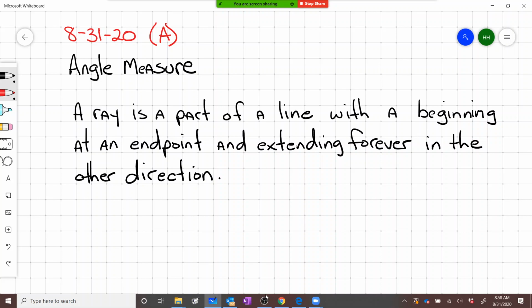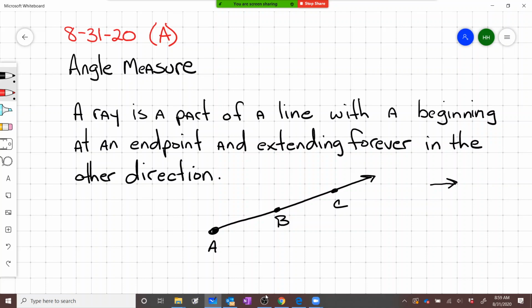Alright, so if you've got an endpoint, here's the symbol for a ray. It's just a little line with an arrow on it.